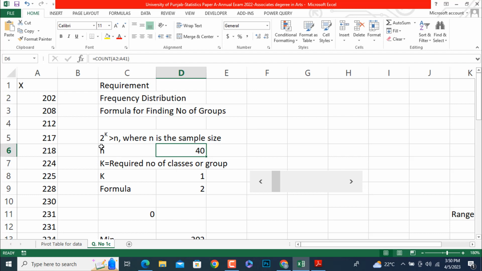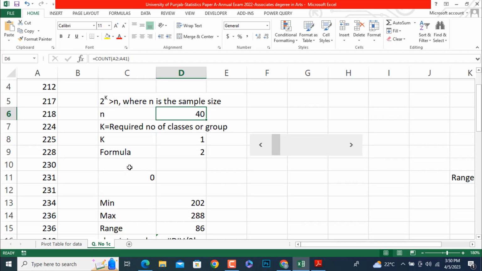Here is the formula, 2 raised to the power k greater than n. K is the different numbers that we are going to insert in this formula to get the solution in the form of the number of groups or classes. N here is 40, and k is the required number of classes or groups.